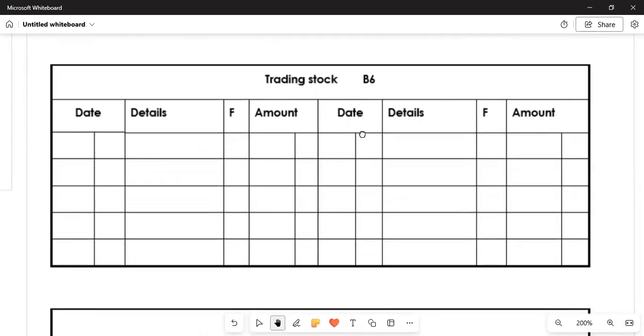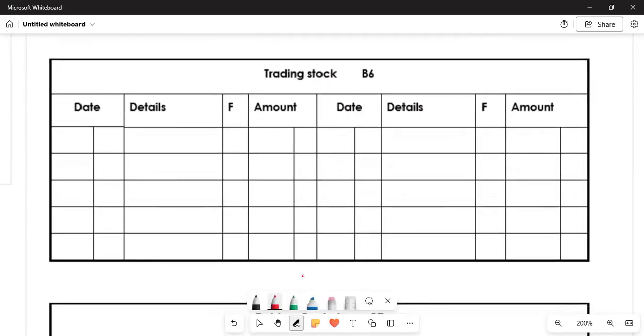We are now to attend to our trading stock. The trading stock we have a debit balance. So we are going to have 2020 March. So now we are going to write on the first, balance brought down of 25,800.